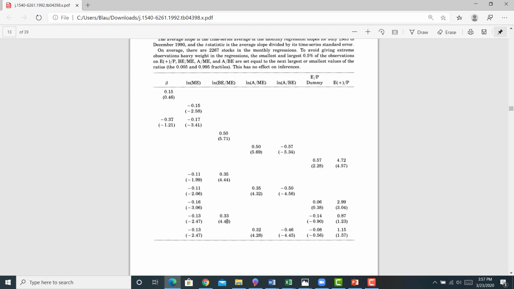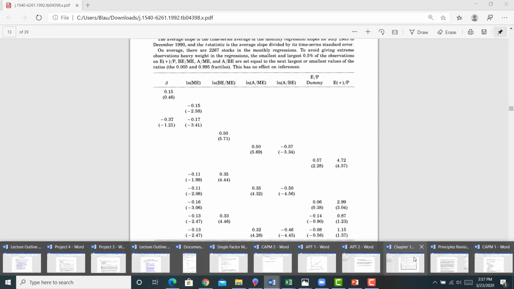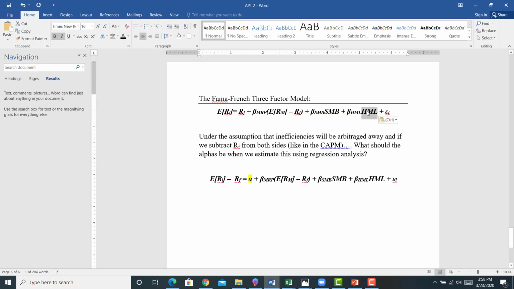And to the extent that markets are efficient, or markets can efficiently price the risk of the book to market ratio in the stocks, then all we're concerned about is this high minus low risk factor, which is the returns to the highest book to market ratios minus the returns to the lowest book to market ratios. All we care is that risk factor is capturing that risk.